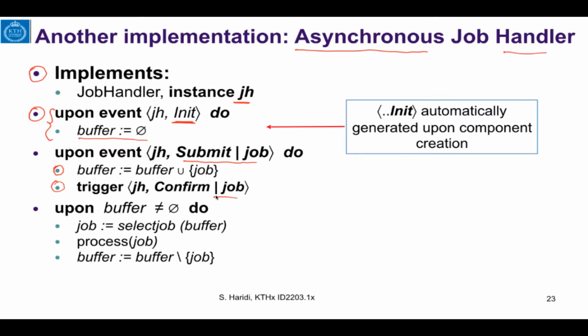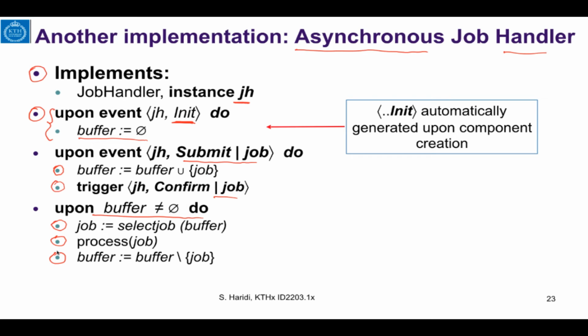And here is a specification where, as we said before, we don't specify an event as a message, but only as a state condition. Our state condition here is that the buffer is not empty. So while the buffer is not empty, we select a job from the buffer, one of the jobs in this set of jobs. We process the job and we remove the job from the buffer.